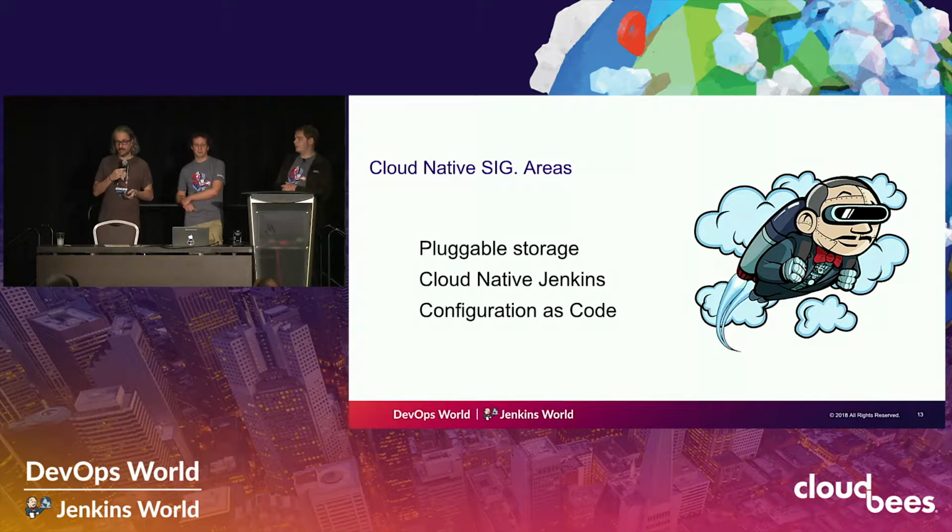The main areas are pluggable storage, which somebody will cover later: how to connect Jenkins with multiple backends for different types of storage, artifacts, blobs, configuration and other things. Then what cloud native is, which is a bit in the air, but hopefully it's clear after this talk.